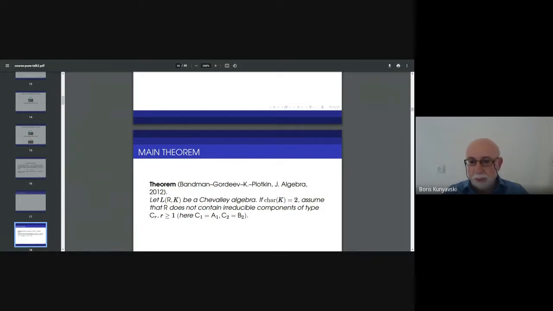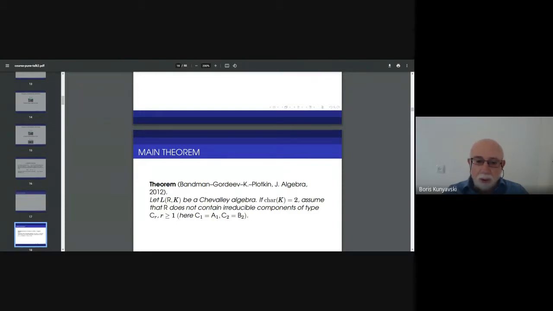I'll try to explain the statement of this theorem. Here our L is a Chevalley algebra L, which depends on our field K, of course, and on R, where R is a reduced root system. So what is a Chevalley algebra?